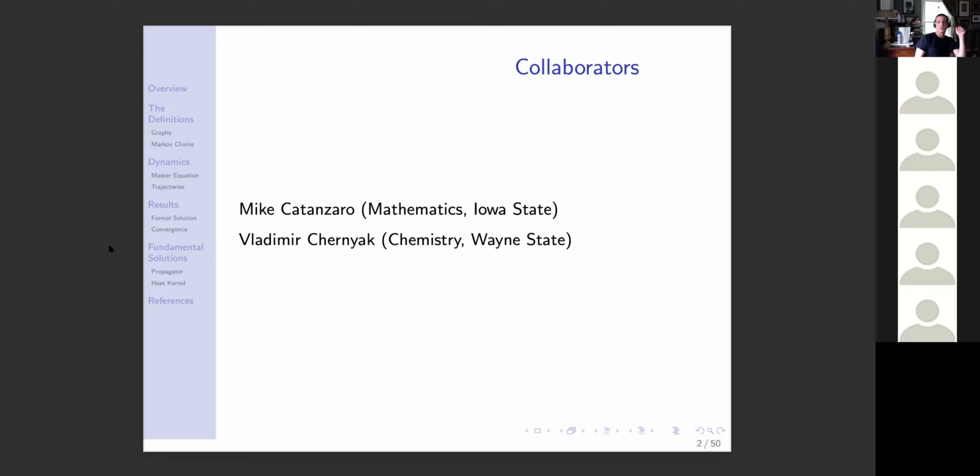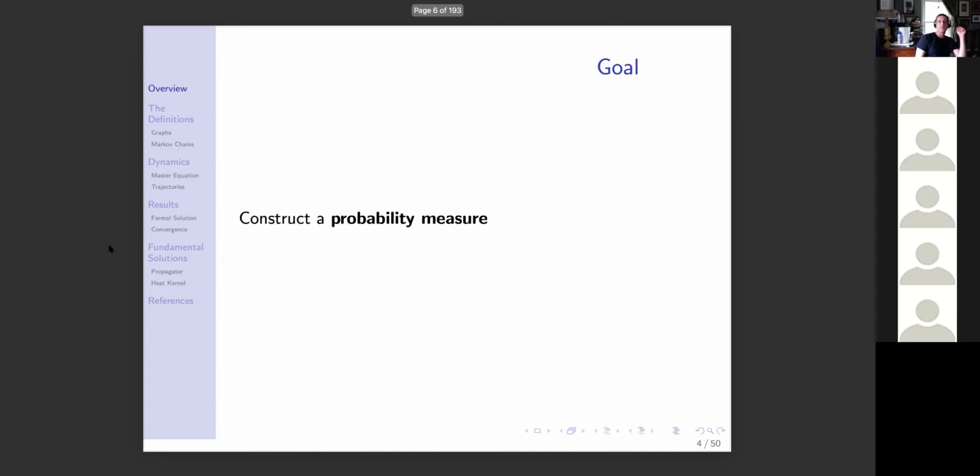And really what we're after is trying to understand continuous phenomena, but a good way to model continuous phenomena is with discrete toy models. And sometimes these toy models carry many of the features of the continuous models. So the goal of this talk is rather simple.